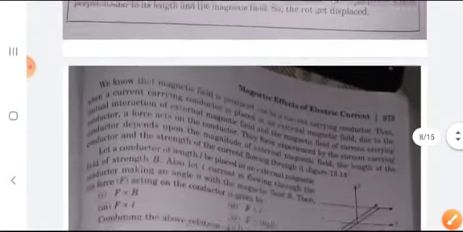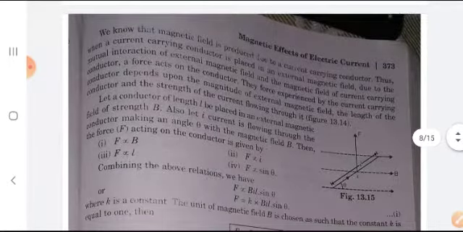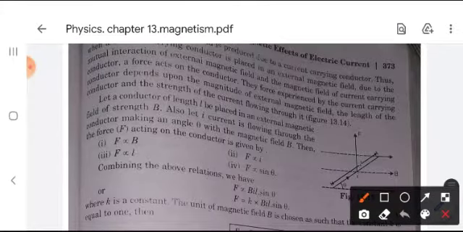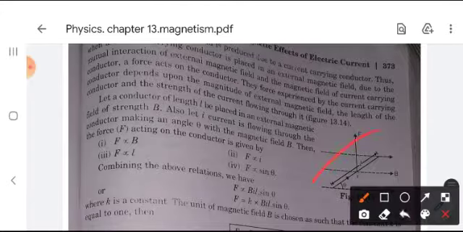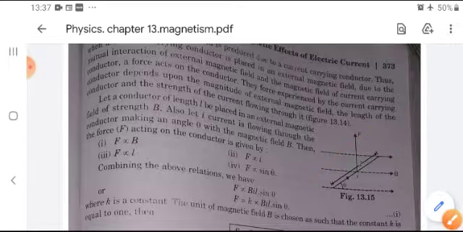Now moving forward, this topic can be explained in this manner, where the diagram is given. There are three lines here that show the magnetic field direction, and one current carrying conductor of length L is kept in this magnetic field, having magnetic force F and making angle theta with the magnetic field.